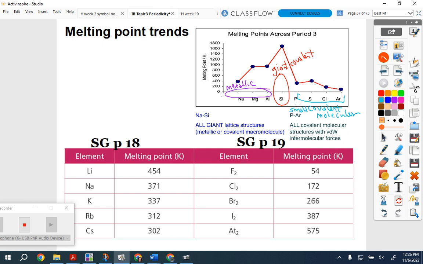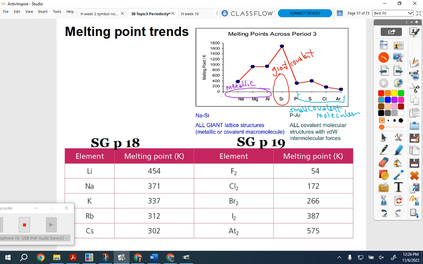As we go down group 1, our melting point gets smaller. Our melting point decreases. So it takes less energy to melt cesium than it does to melt lithium. And notice that we're not including hydrogen in here because hydrogen is kind of not really part of group 1 as far as its chemical trends other than the valence electrons.